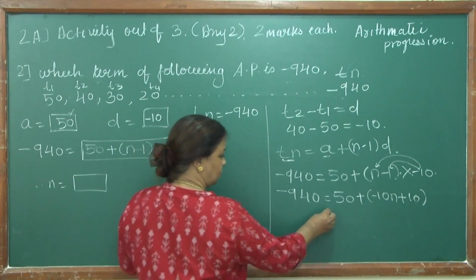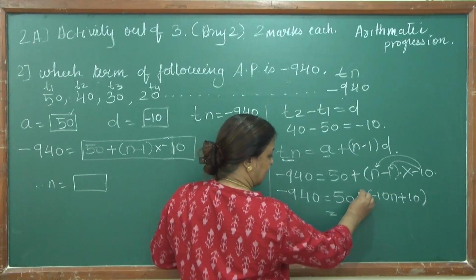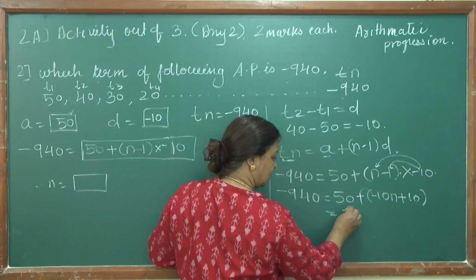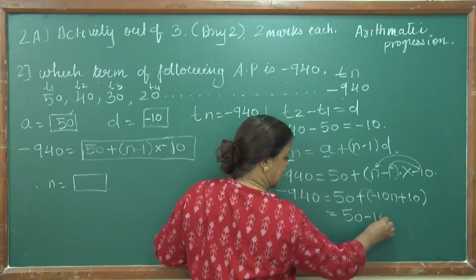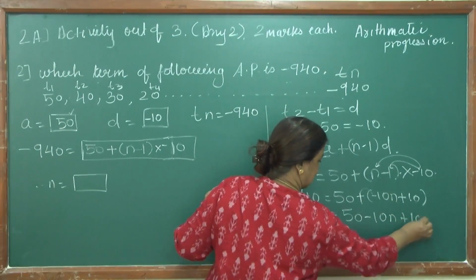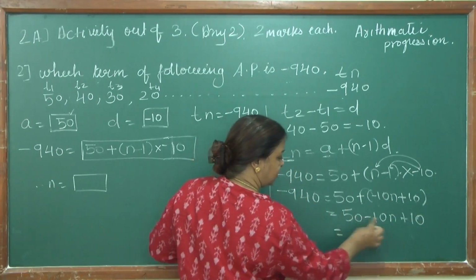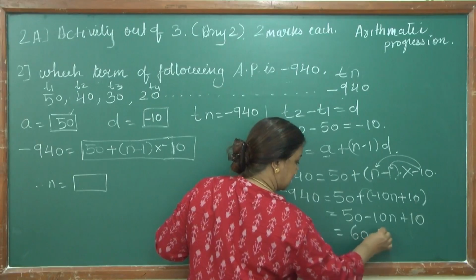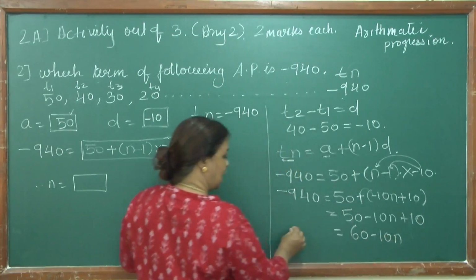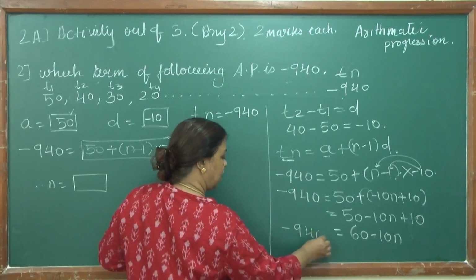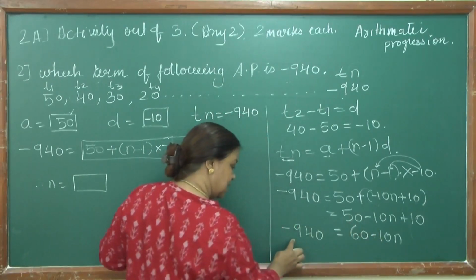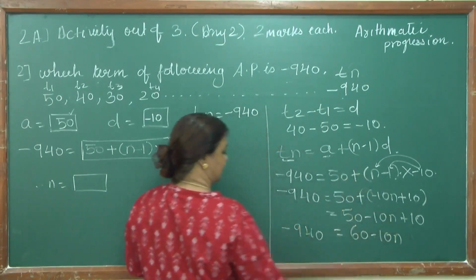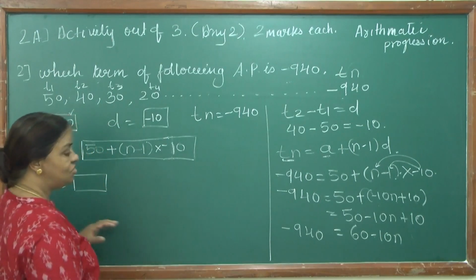Now I open the bracket, plus minus will become minus: 50 minus 10n plus 10. So 50 plus 10 is 60 minus 10n, and it is minus 940. I will take minus 10n here and minus 940 that side. When I shift, the sign will change.